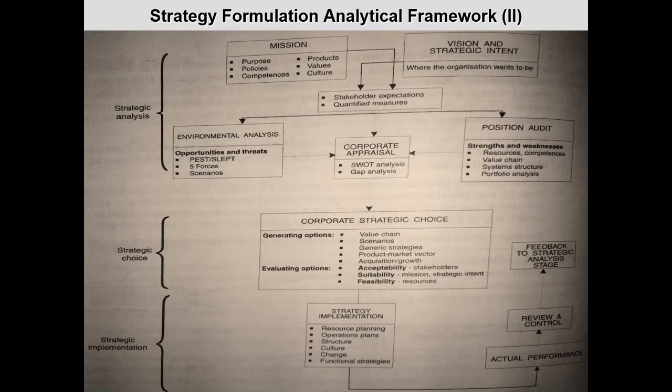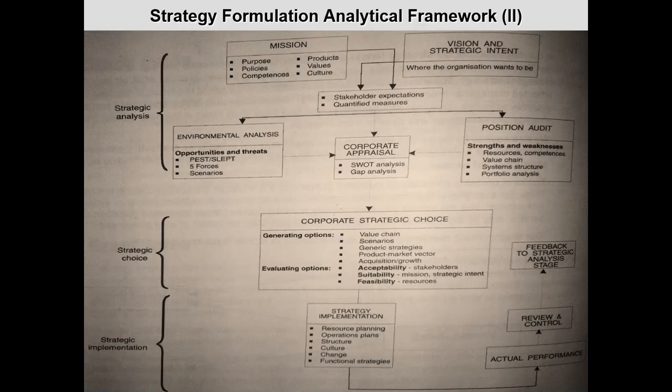So you have to see what strategic options are available to you in terms of the objectives you have already defined. You can also think in terms of acquisition and growth strategies. It can be vertical integration, horizontal integration. Now, in generating options, when we are talking about strategic choices in strategy formulation analytical framework 2, we are faced with different strategies.